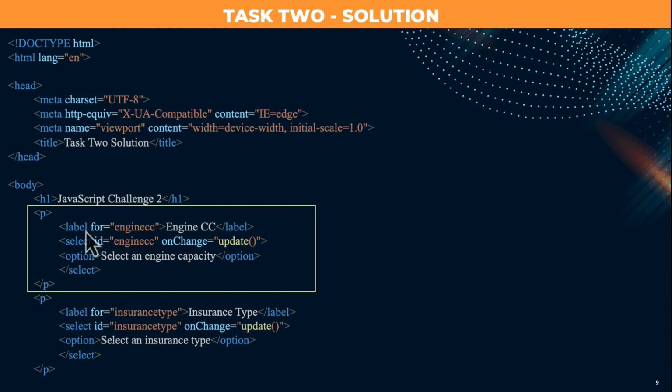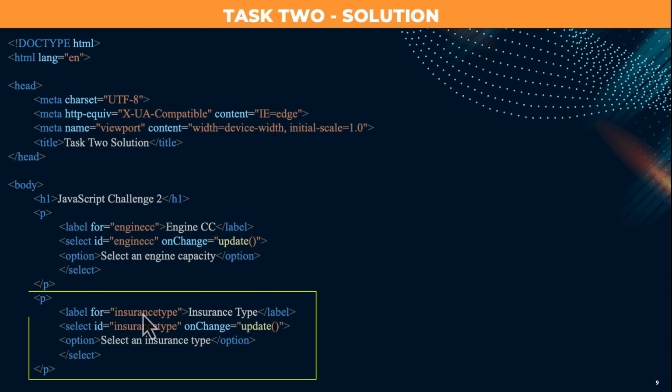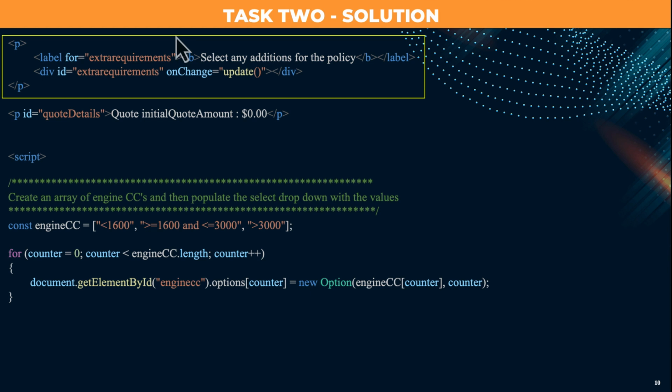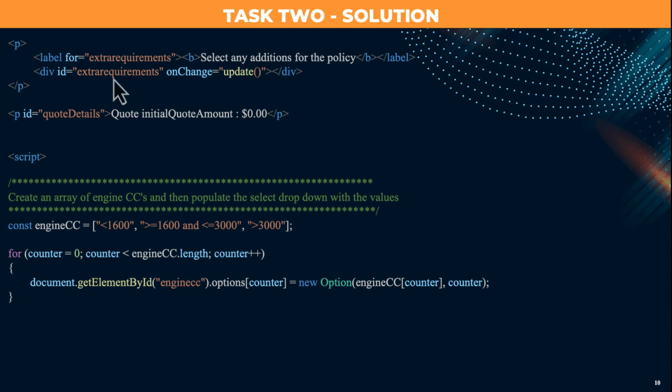So we have a label, a select, and an option within it. Then we have another label, another select, and another option. Just HTML. Then we have another label, which is for extra requirements. So select any additions for the policy. And we have a div of extra requirements.